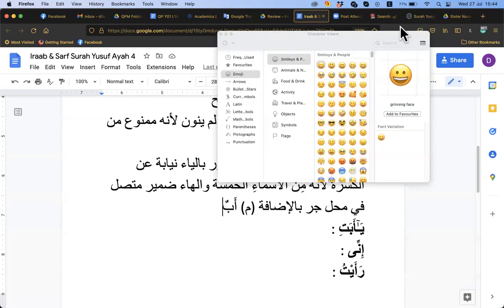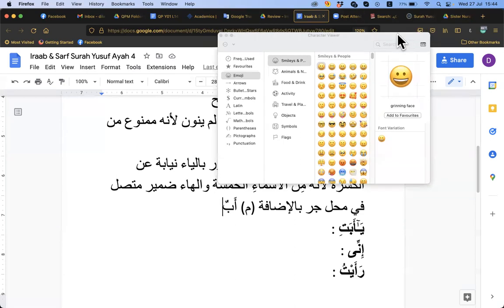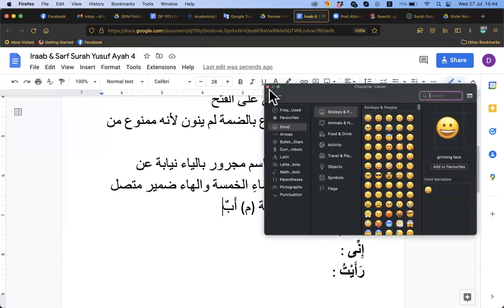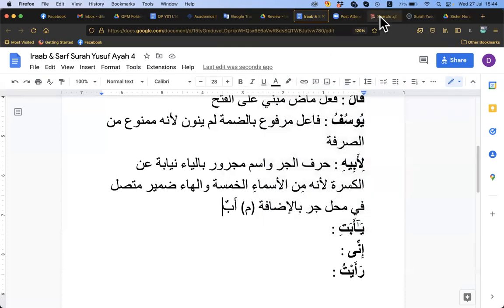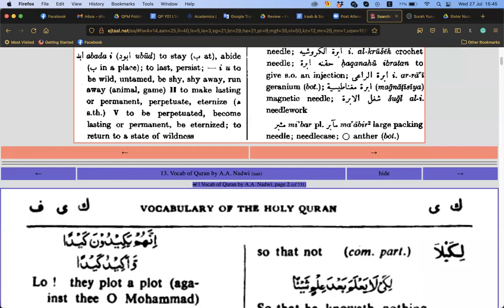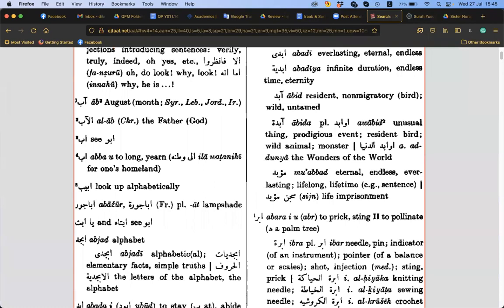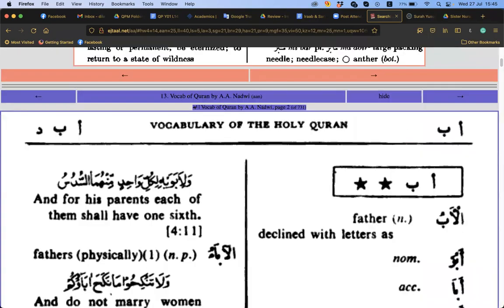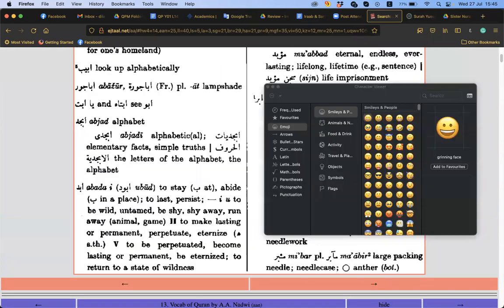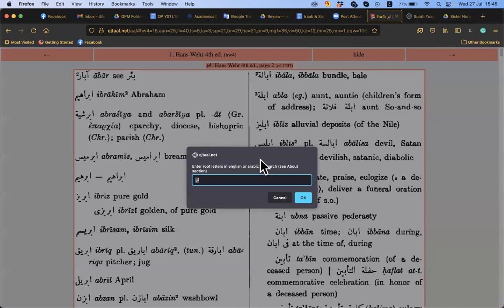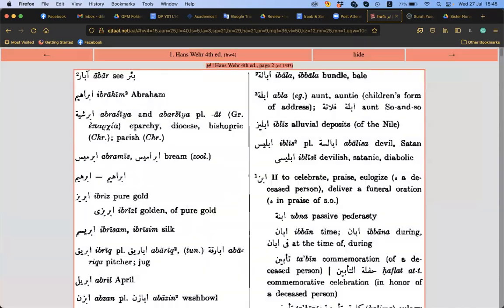Just now I searched for Hamzah ba, and I found abna, banuna. If you search for Hamzah ba, you have to find the page exactly. Actually, the root letters are Hamzah ba wow.